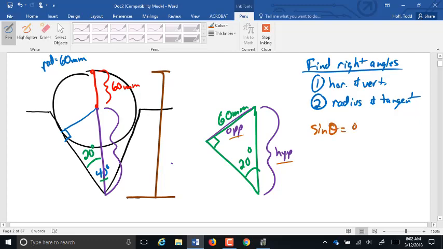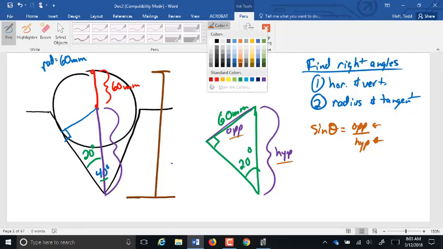So sine theta, opposite over hypotenuse. Notice I always write out the definition of the trig function once I figure out which function I'm going to use, because I'm doing two things there. One is I am double checking to make sure that what that trig function asks for is what I have. I have the opposite side and I have the hypotenuse.